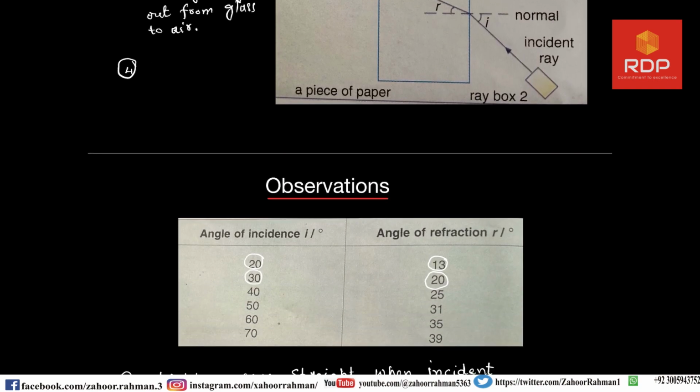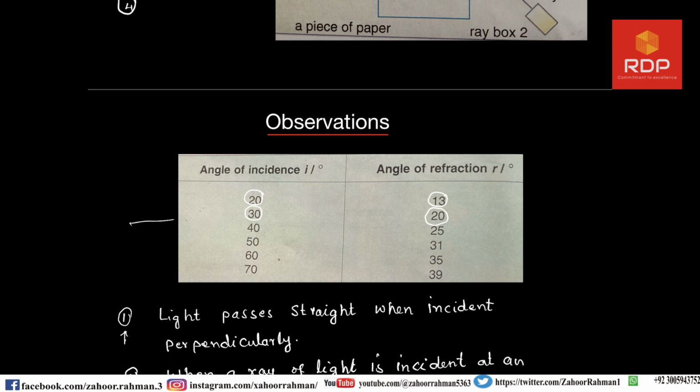We are taking all these values and finding the sine of this and the sine of this through a calculator. Now, many people, I heard, are pronouncing it as sin. It is not sin.